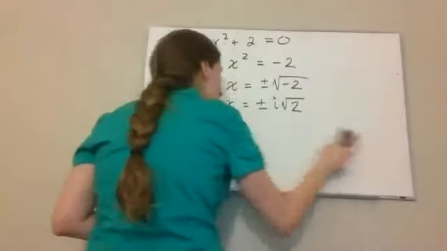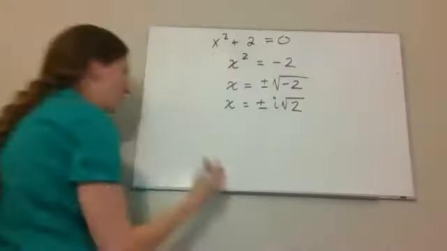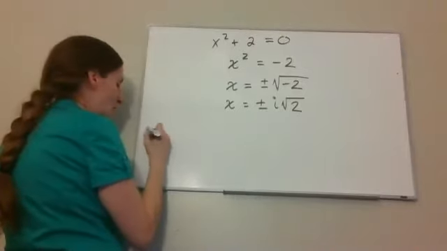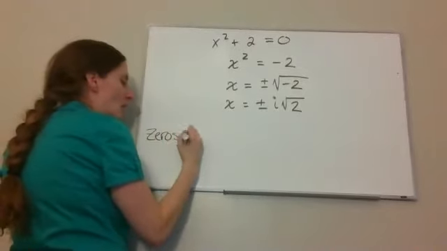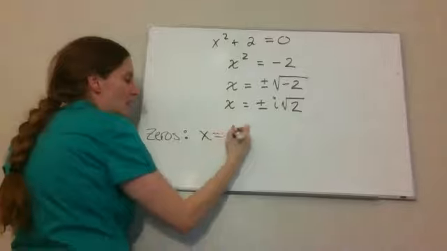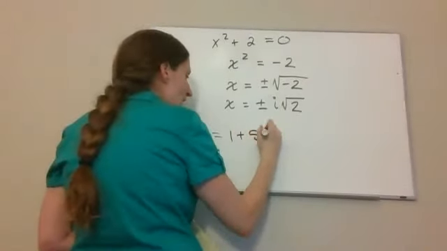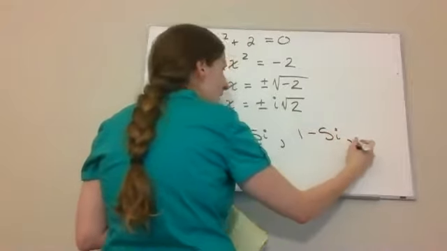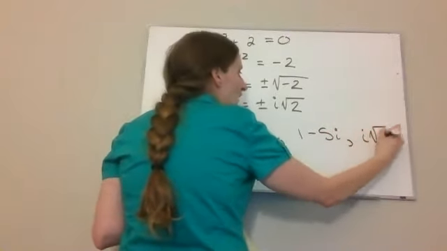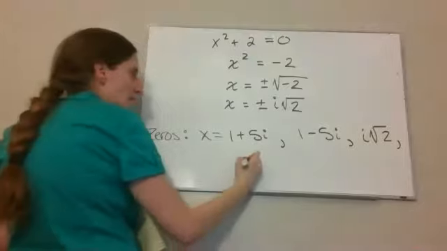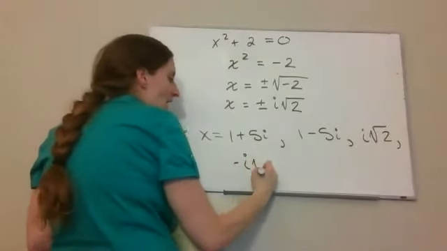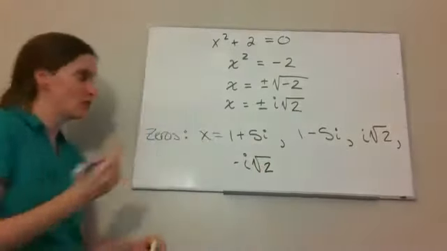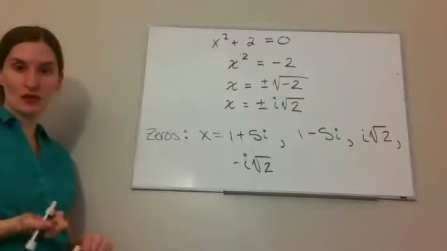So we knew we had a 4th degree polynomial, so we knew we needed 4 zeros. My zeros are 1 plus 5i, 1 minus 5i, positive i square root of 2, and negative i square root of 2. So we do have 4 zeros just like we needed.